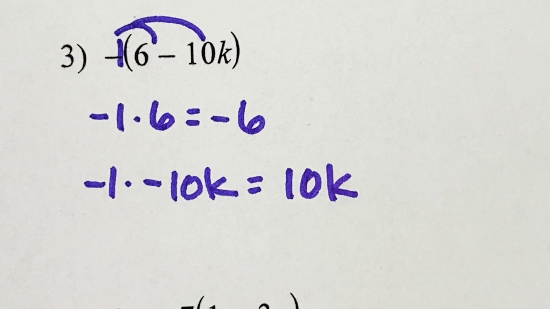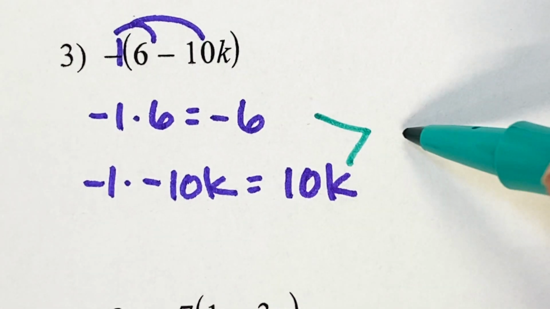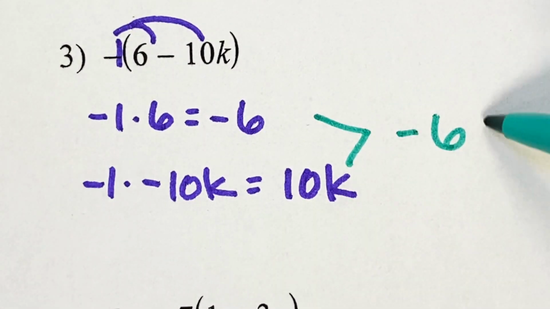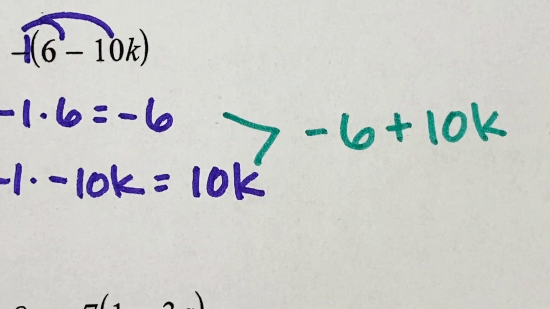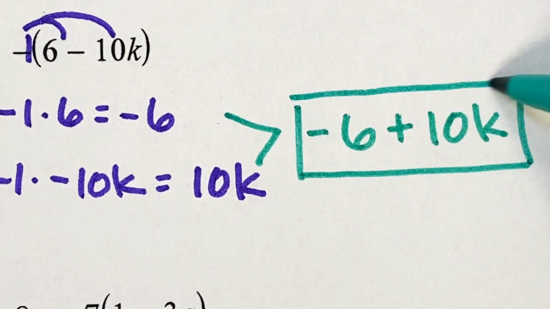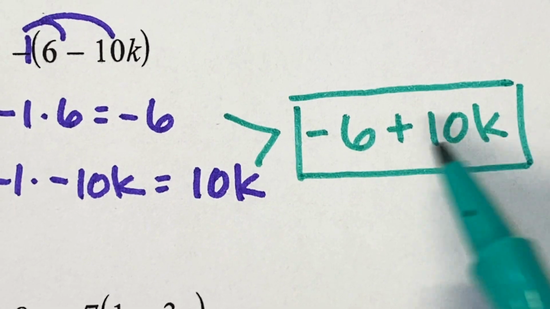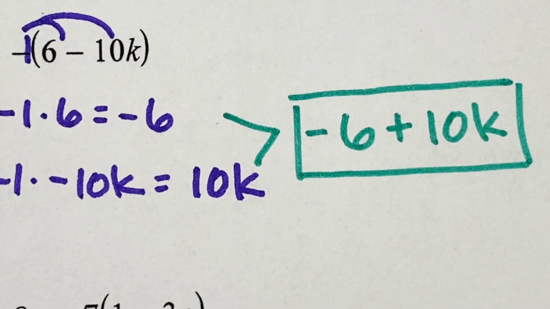All right, we multiplied, we distributed, we got rid of our parentheses. Now let's just rewrite it. So we have negative 6 and then plus 10k because it's positive. Whoops, there you go. We can't simplify it anymore because the 10 has the k, the negative 6 does not, so they are not like terms.